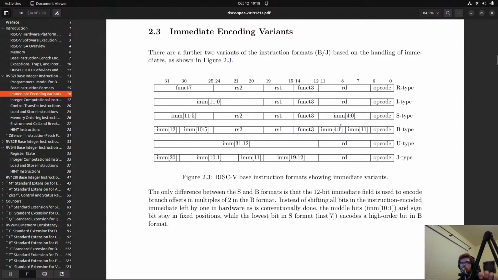Something to note here that I think is an example of a good design decision in RISC-V is the reason why we don't just have, let's say, RS2, RS1, and funct3 shifted right, and then these lower 5 bits of the immediate moved up to here, is because when we parse these, we're doing it in hardware, and so everything is happening at the same time.